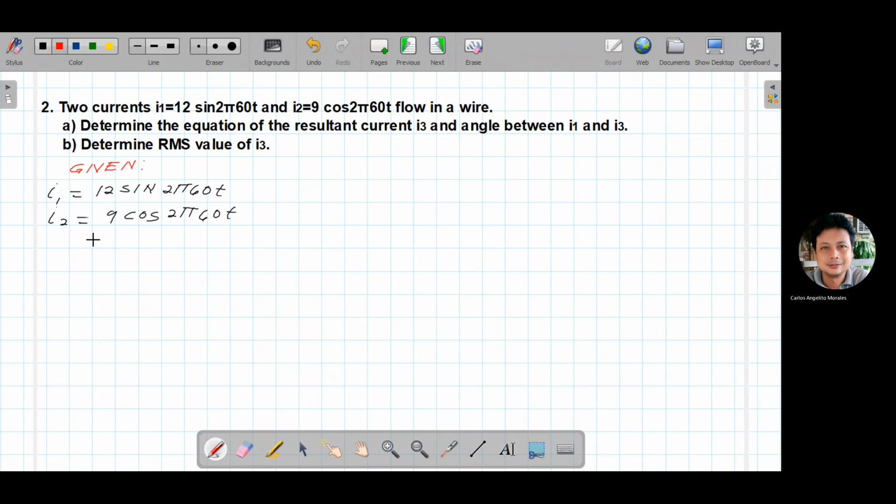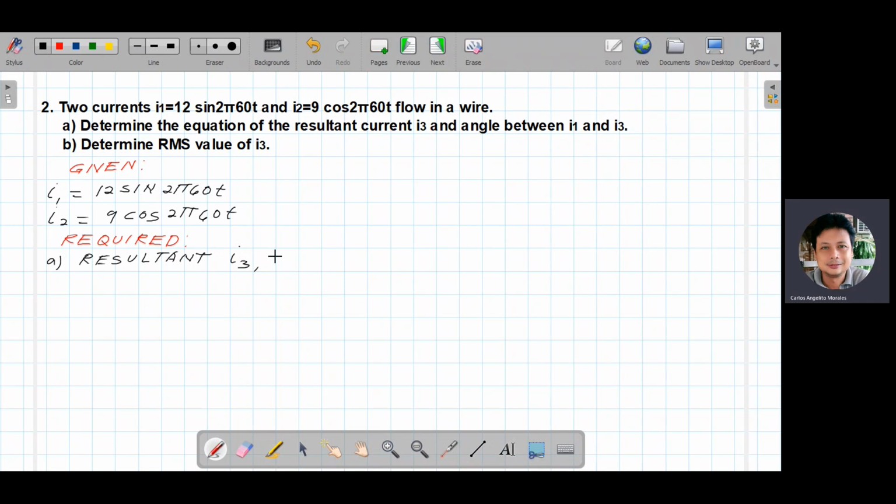So required, letter A, resultant I3 at saka theta at saka yung RMS na I3.